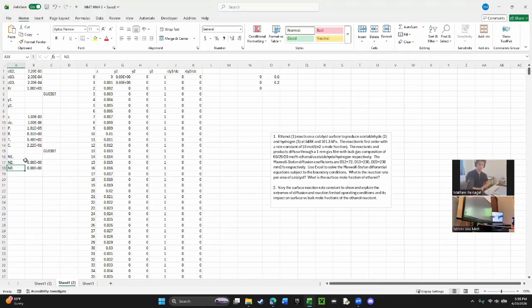So I want to explain the math behind that because I can understand why that would be a little confusing, because we said in the previous problem that nitrogen, which was a bulk gas that wasn't participating in the reaction, that was just the carrier gas in the system, didn't have a molar flux, right?